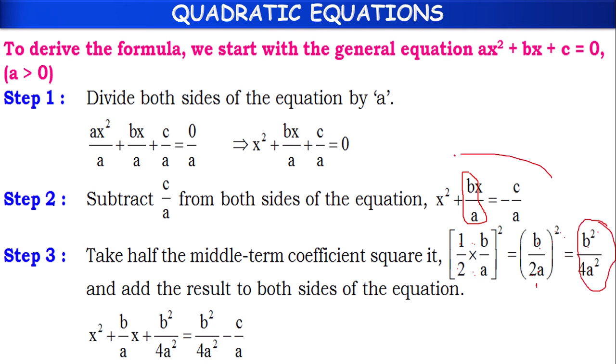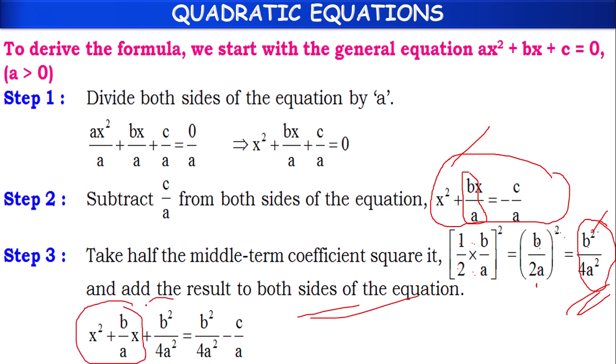According to the completing the square method, we have to add this term on both sides of the equation. So let's add b square by 4a square on the left, and for minus c by a, let's add b square by 4a square on the right as well.